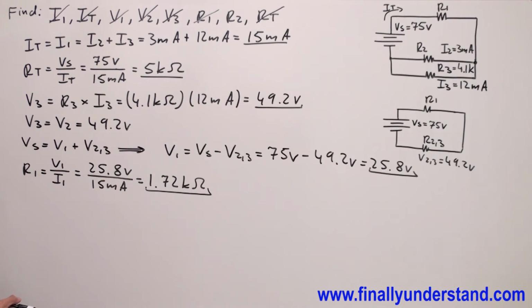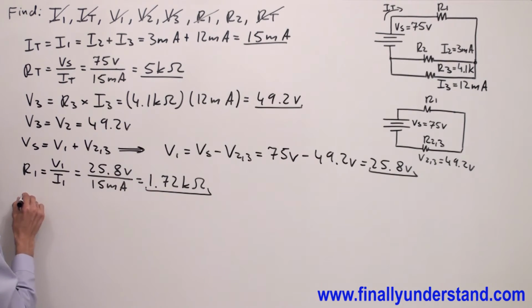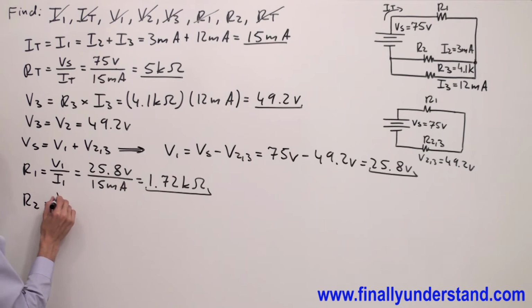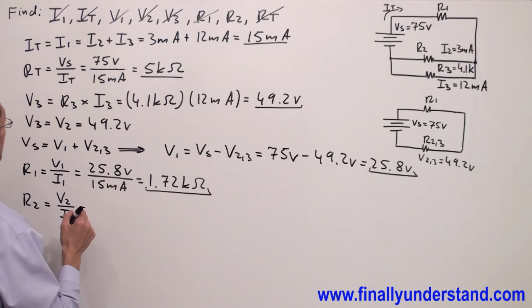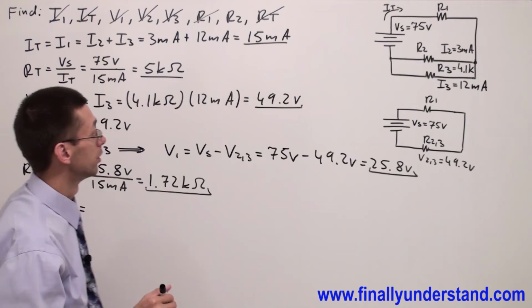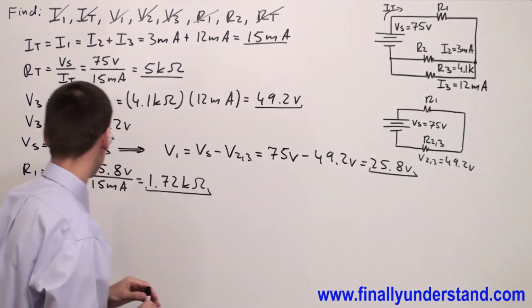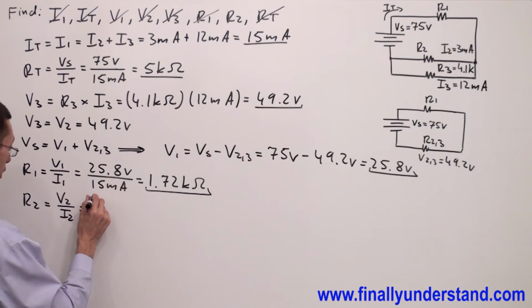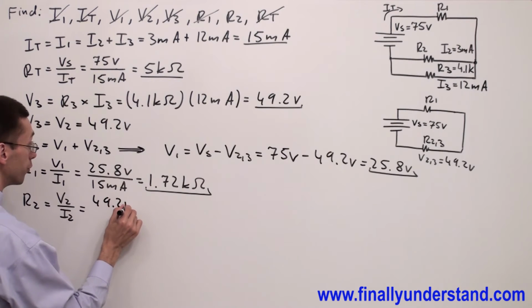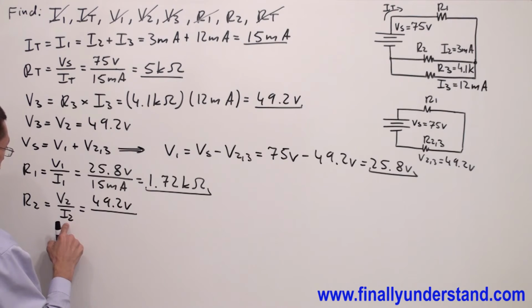Next, I can find resistance R2. R2 is equal to V2 over I2. We said that voltage V2 is equal to the voltage V3 because these two resistors are in parallel. So I'm going to write that this is equal to 49.2 volts over I2.